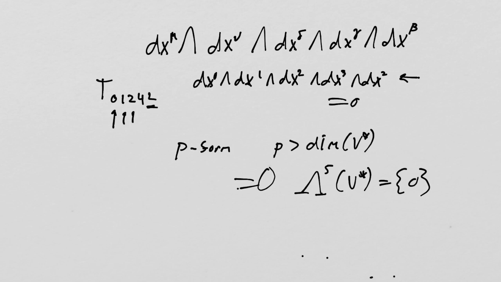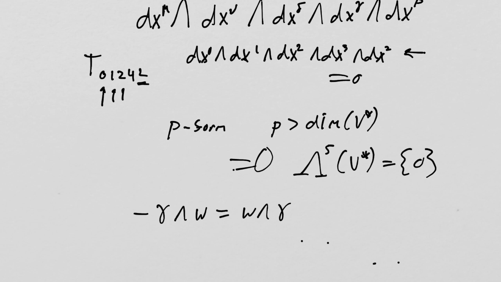We showed before that for a one-form wedge with a one-form, we have this relationship, right? And that's always true, right? So it's going to be true that gamma wedge omega wedge delta, if I do one switch, I'm always going to get the opposite of, it's going to be gamma wedge delta wedge omega.